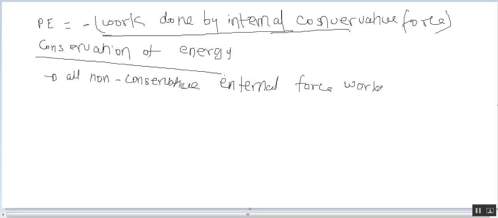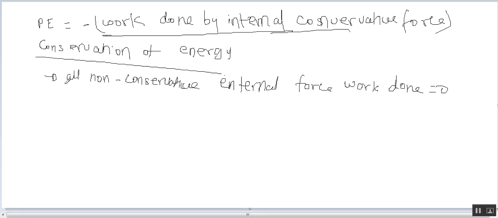In physics every term is very important. For conservation of energy, the work done by all non-conservative internal forces should be zero.